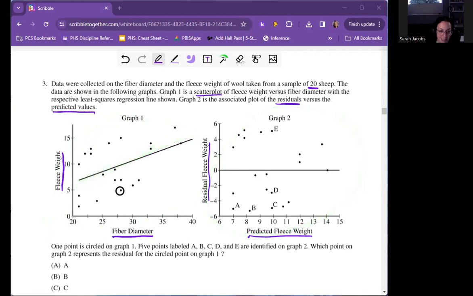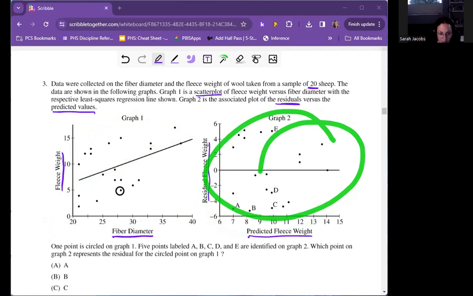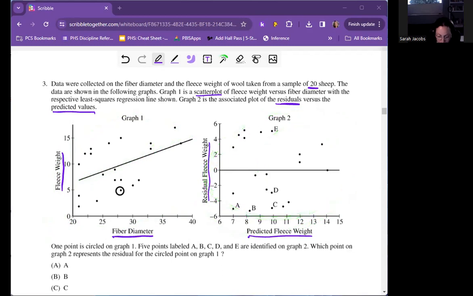It looks line-ish. Residuals shouldn't look like anything. Residual plots. Okay, so 1 point is circled on graph 1. Here it is. 5 points labeled A, B, C, D, and E are identified on graph 2. Which point on graph 2 represents the residual for the circled point on graph 1?